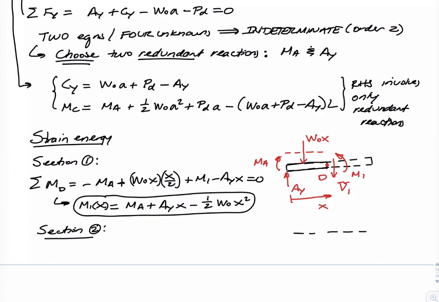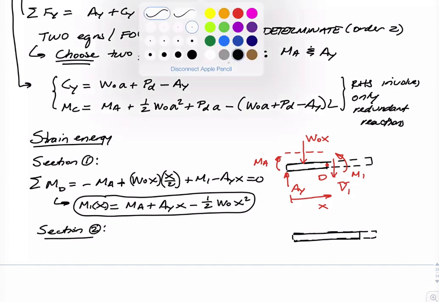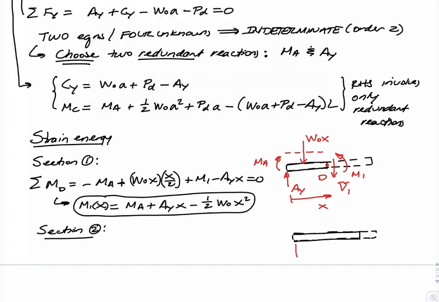For section 2, I make the cut now between B and C. In other words, in section 2, I can either keep the left side or the right side. I'm going to choose to keep the left side. You may keep the right if you want. The reactions I have here, AY and MA on the left side.